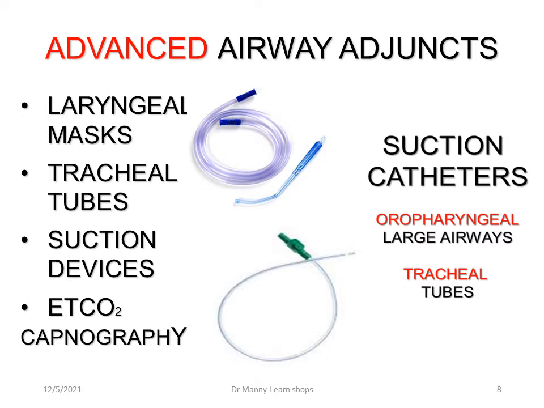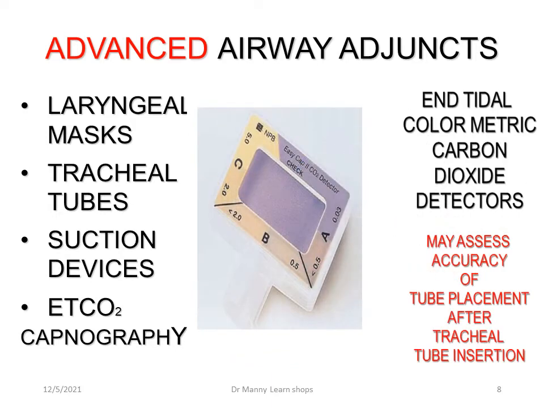The large suction catheters are used for oropharyngeal suctioning, and the thinner ones are used for tracheal tubes. And look, tracheal tubes can be endotracheal tubes, or they could be tracheostomy tubes, depending on the situation with the patient. Then you've got end-tidal colorimetric carbon dioxide detectors, and they can assess accuracy of the tube placement after tracheal tube insertion.